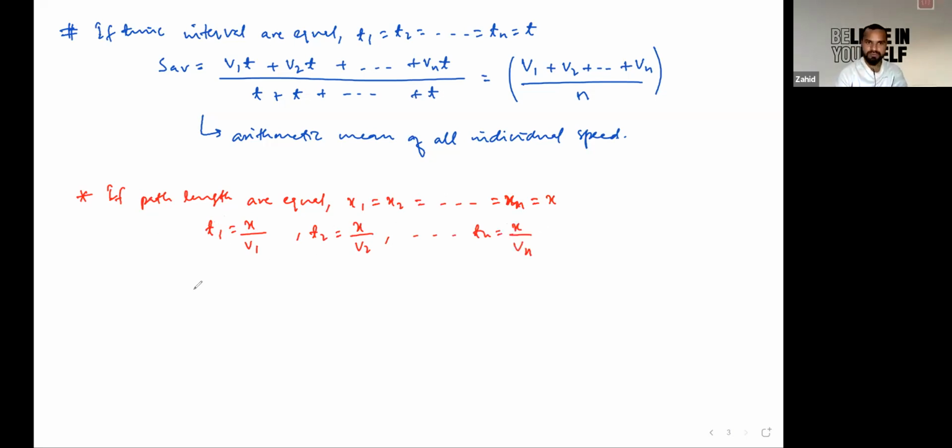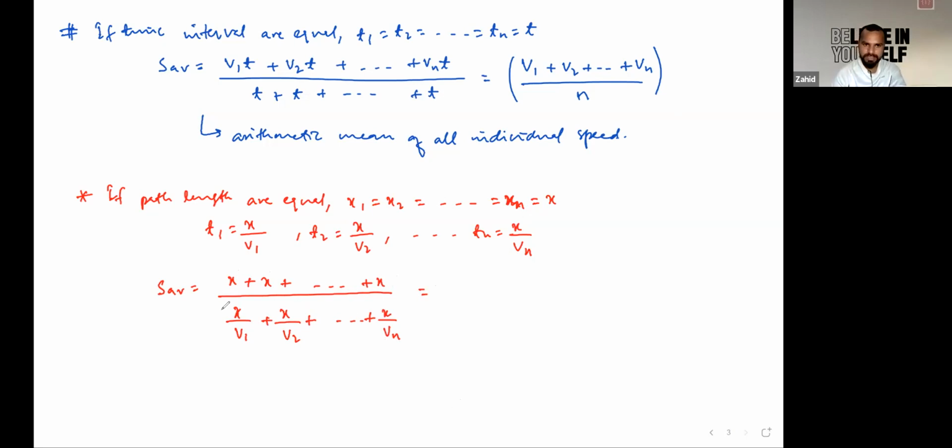Now put this value in the first equation of average speed. So it would be total distance covered by the body, x1 plus x2 plus so on to xn, and the whole divided by t1, which is nothing but x by v1, t2, which is x over v2, and so on to tn, which is x over vn. Now this whole term in the numerator gives you n times x.